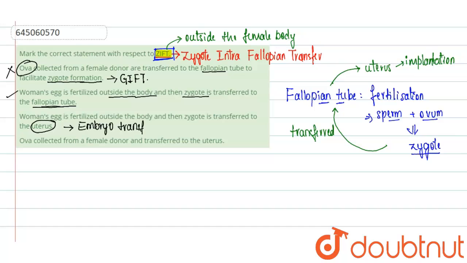So now let us see the fourth option, that is ova collected from the female donor are transferred to the uterus. So this is not at all the answer clearly, and obviously the second option, that is woman's egg is fertilized outside the body and then the zygote is transferred to the fallopian tube, is the right answer.